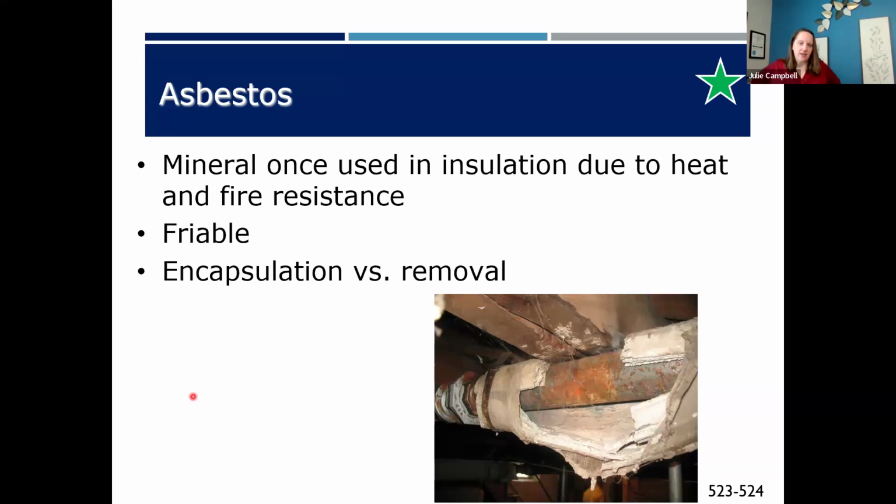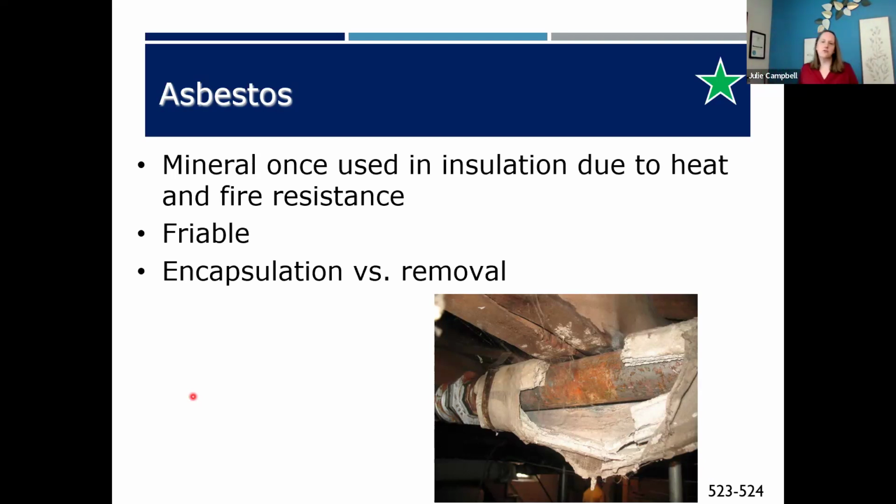When it's friable, and again, this is what you're looking at in the picture here, it's breaking up and the little particles are getting into the air. And guess what? You and I breathe that air, so we breathe those particles, and those particles get into our lungs. So long-term exposure to asbestos can cause some respiratory issues, possibly lung or stomach cancer.